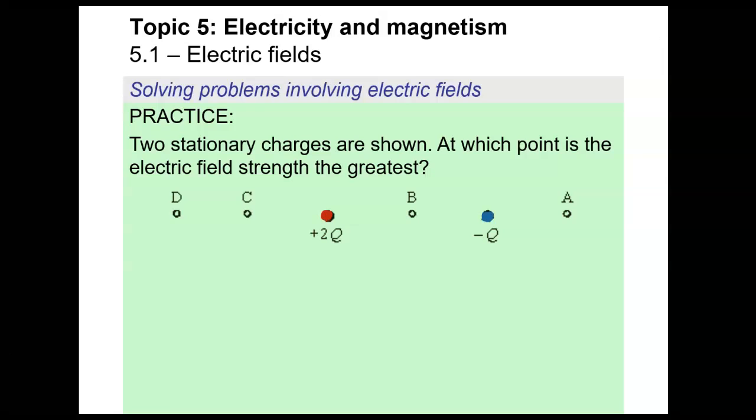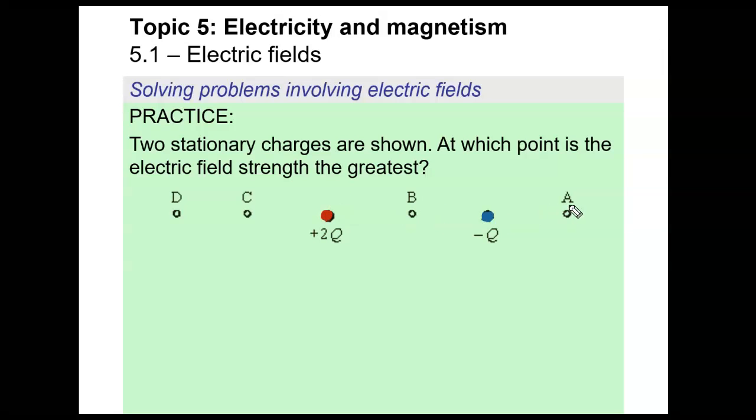Okay, so what I'm going to do is sketch the direction of the electric field vector for each charge at each of the 4 points individually. Here's what I mean. Let's start at point A. At point A, if I were to draw in the electric field due to the red charge, I would think, okay, if I put a positive charge here, which way would it feel a force due to the red charge?